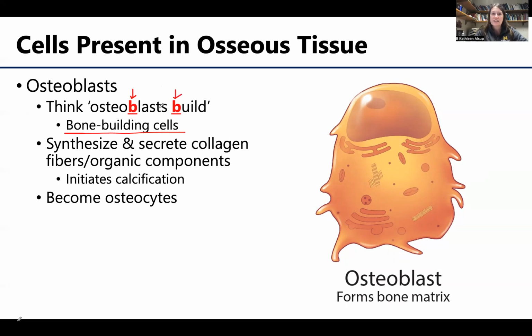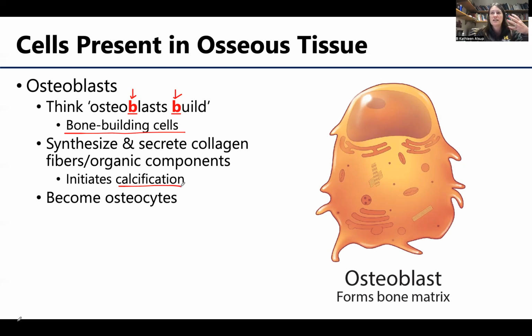How they do this is they synthesize and secrete the organic components of the extracellular matrix. You have collagen fibers secreted by the osteoblasts, and collagen fibers are the majority portion of the organic components of the extracellular matrix.